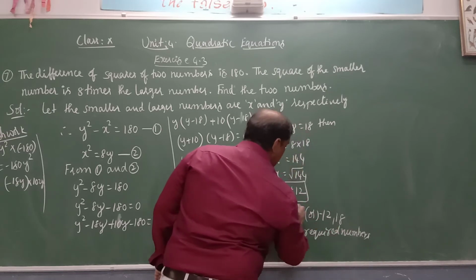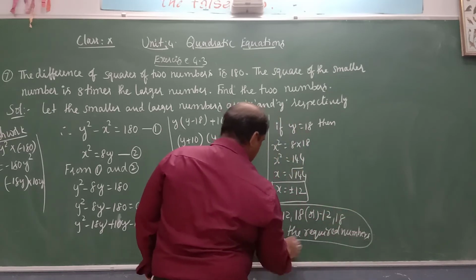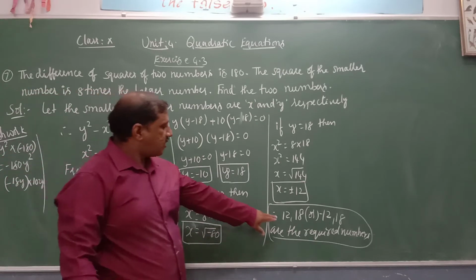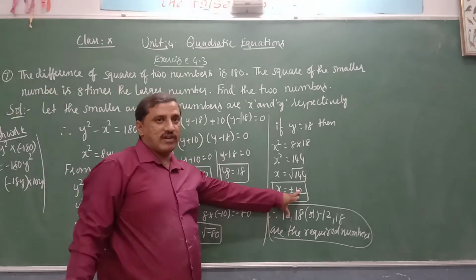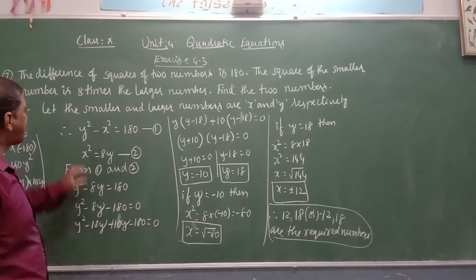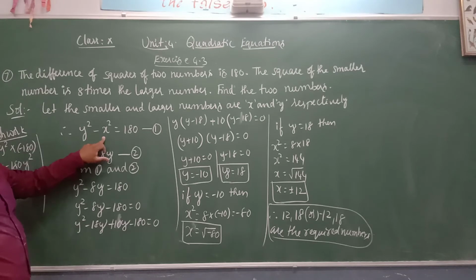Why are we getting two values here? For x we are getting plus or minus 12. If x is equal to 12, that is the smaller number is 12, 12 square is 144.